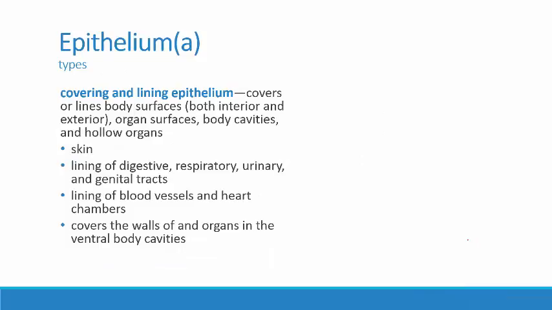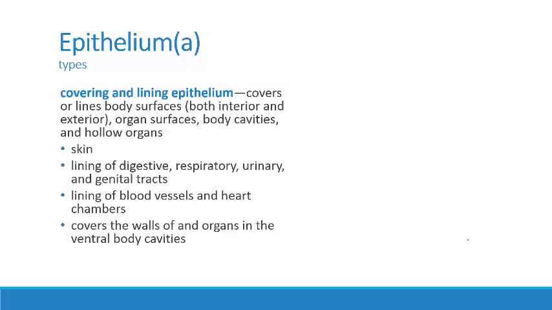So I have mentioned the four tissue types and their function in protection, support, movement, and control of the body. So let's take a look at that first tissue type and some of the characteristics that are associated with epithelia. An epithelium is a layer of tissue.